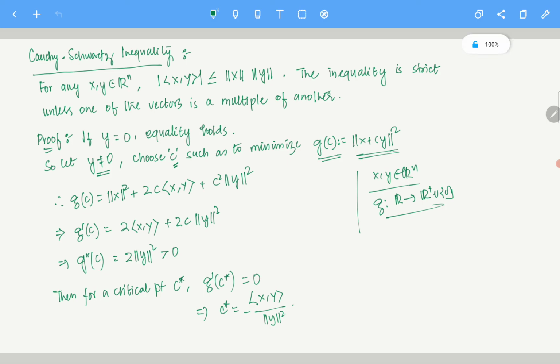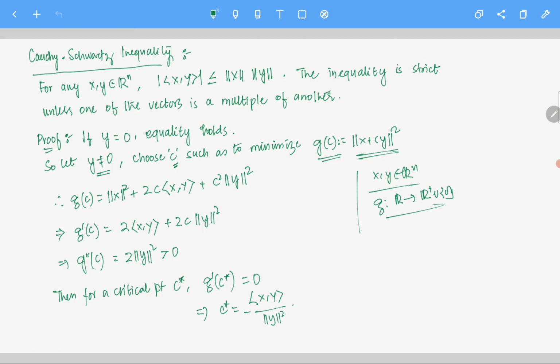Now one small thing I want you to notice: there is nothing special about x and y in Rn. Of course, x and y have to be such that the inner product of x and y is defined. But if x and y belong to a suitable inner product space, then this Cauchy-Schwartz inequality actually holds.